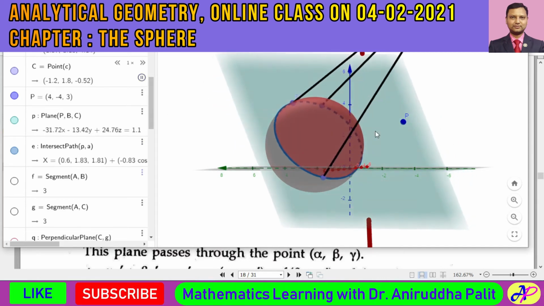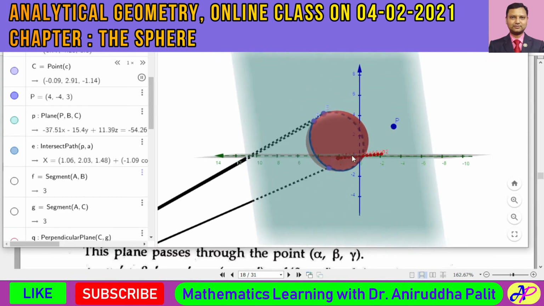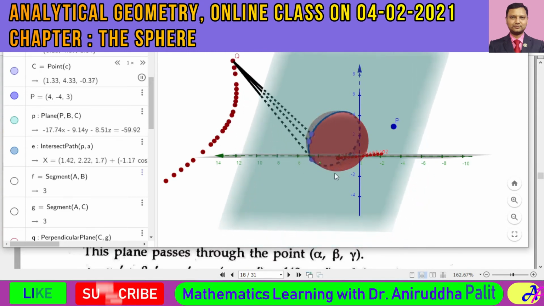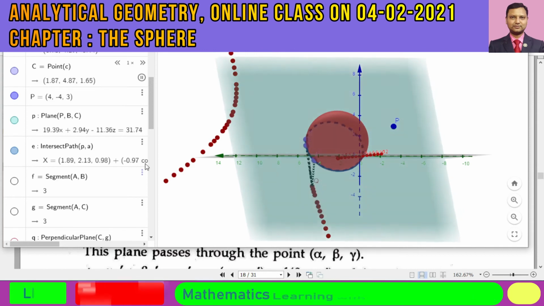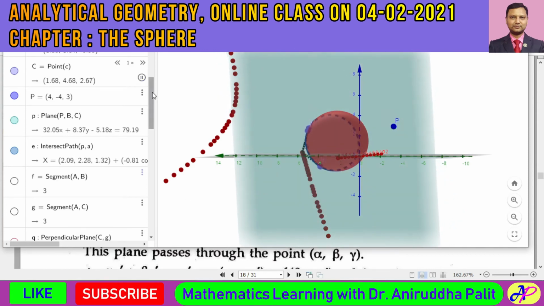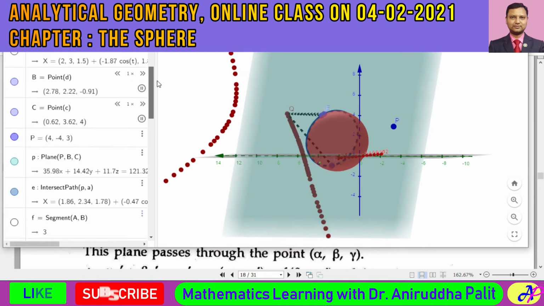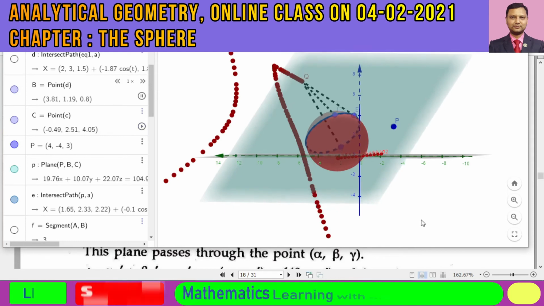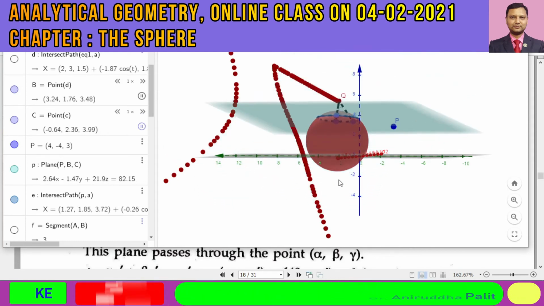Let us consider a different, little smaller view over here. You see, these are the trace of the point Q, and it appears that the point Q is moving fine. Now let me consider a little small change like this.